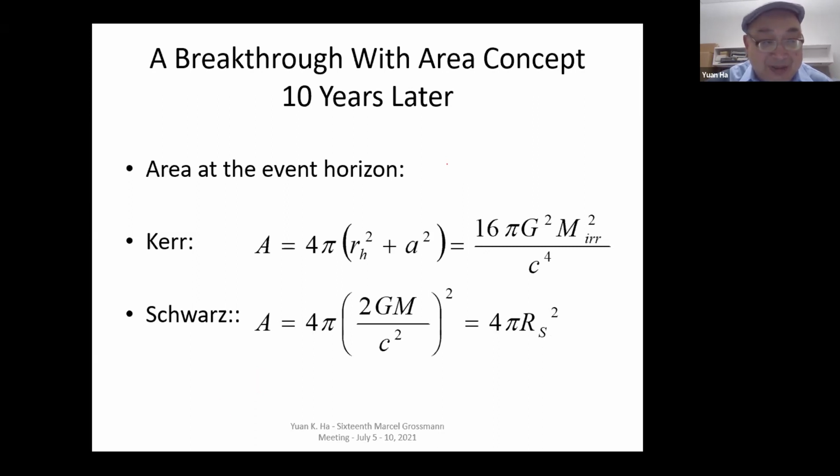Now, it is known that the area of a Kerr black hole can be expressed in terms of the irreducible mass. This was the work of Christodoulou and Ruffini. On the other hand, the area of the Schwarzschild black hole is given in terms of its asymptotic mass, as shown here.